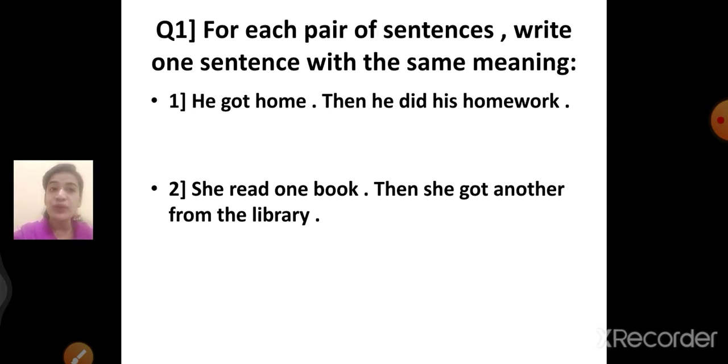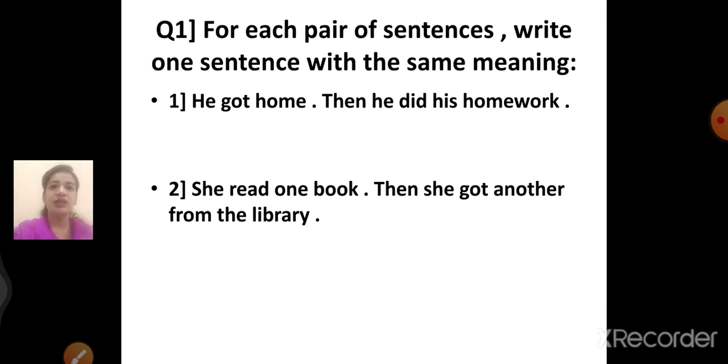Here the answer word is given, which means you have to start the answer with "After". It is already given in your book. You have to make the sentence with after.